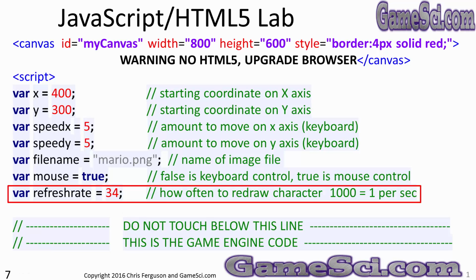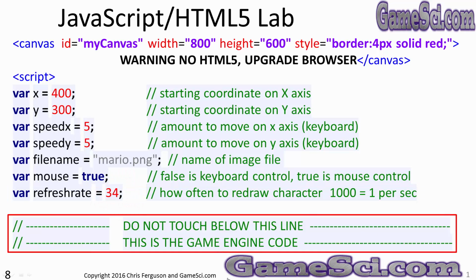Since a browser can only refresh the screen about 60 times a second, 17 is about as low as you want to go there. But play with different values and it'll affect how smooth the animation is and how often the character gets redrawn. I'll point it out again when we get down to the code that draws the screen, how often that's going to happen. But 34 is an amount that says redraw the screen about 30 times per second.